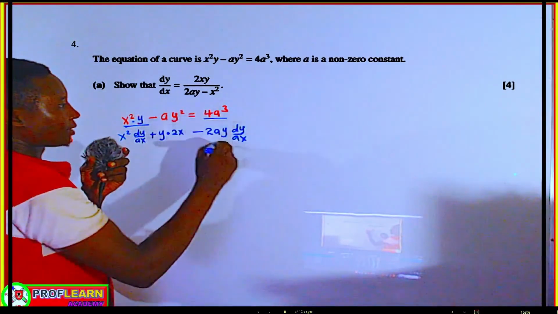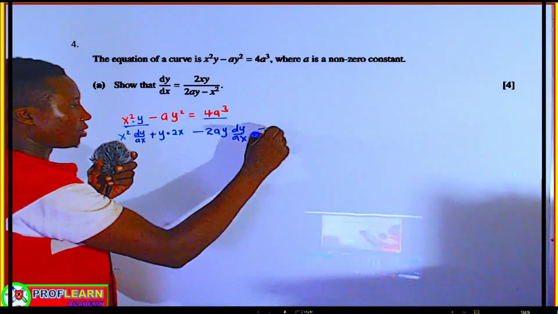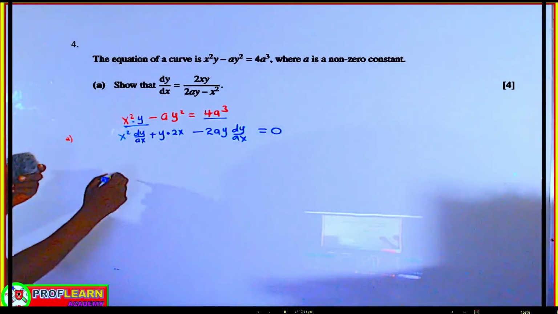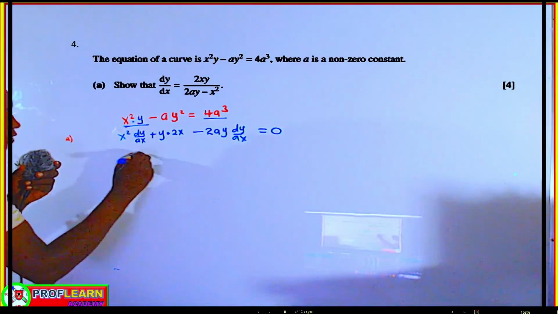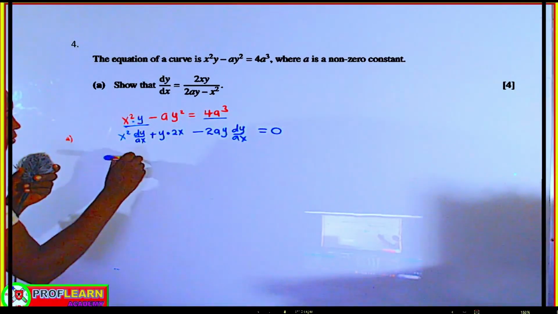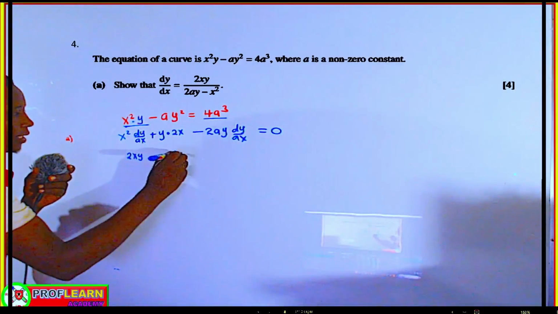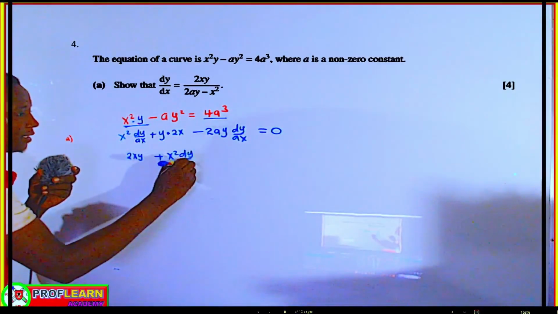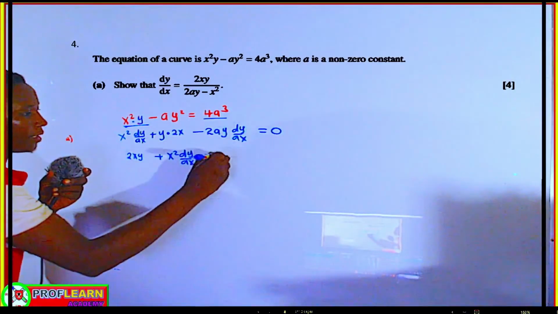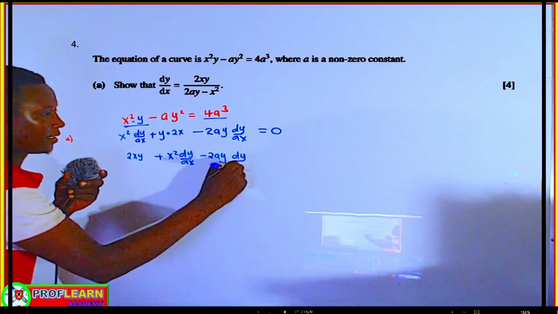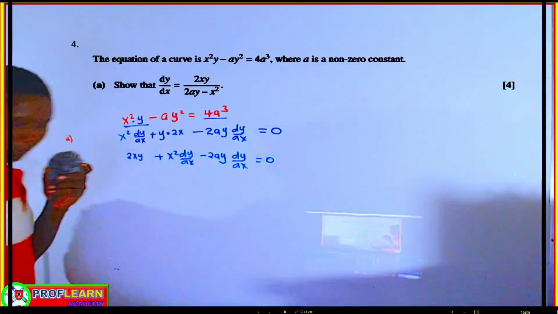But since this part, all of them are constant, we're going to get 0 there. Now this is going to be 2xy plus x squared dy dx minus 2ay dy dx is equal to 0.